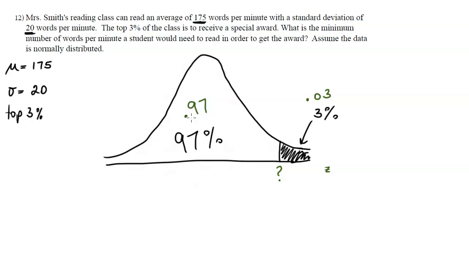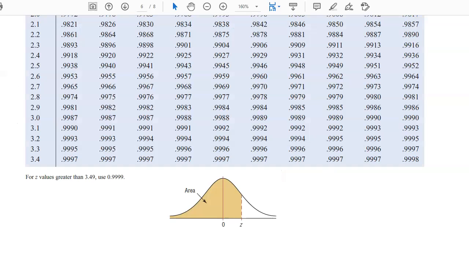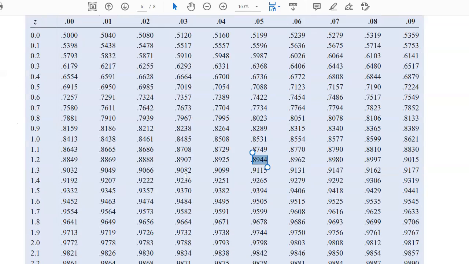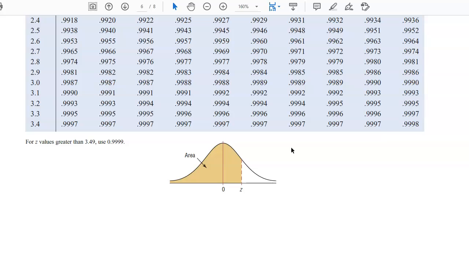How does that help us? Well, remember, the table always gives us to the left. Even though we're looking for this top 3%, the table's going to give us that 97%, that 0.97. So I'm going to look in the body of this table for as close to 0.97 as I can get, and then the table will output that z-value.